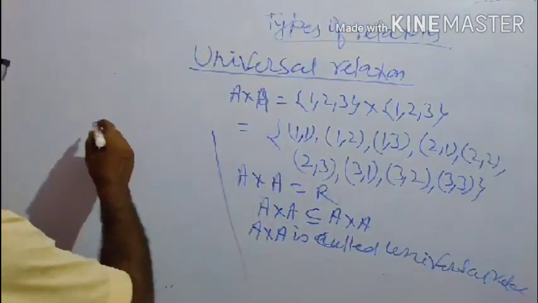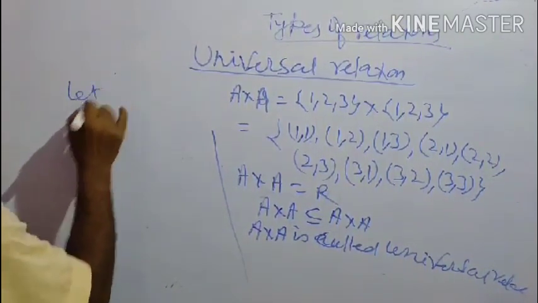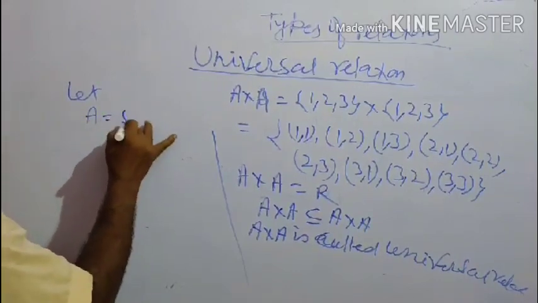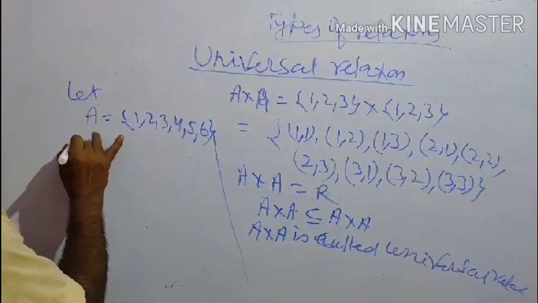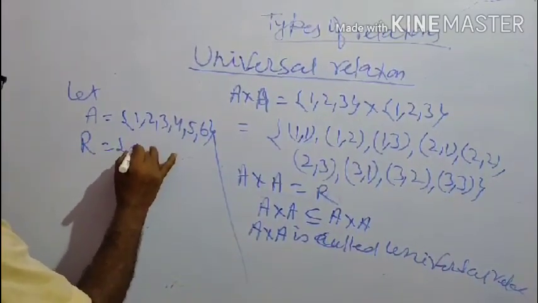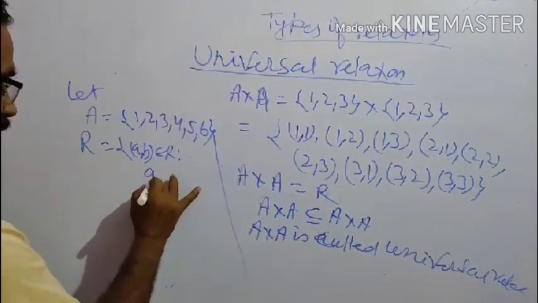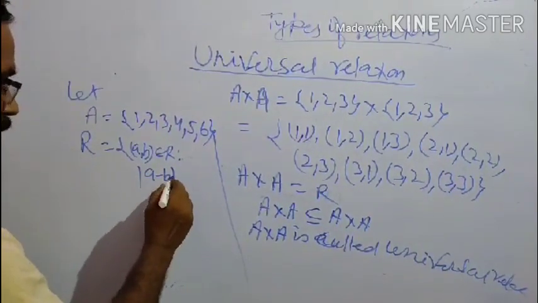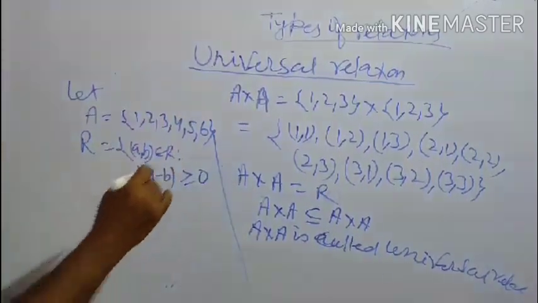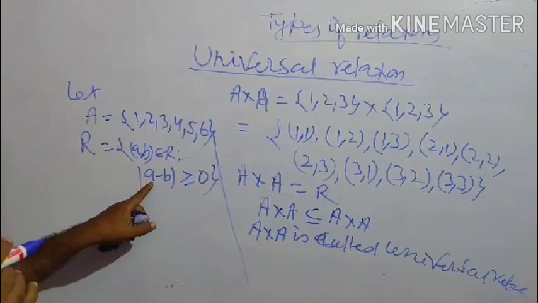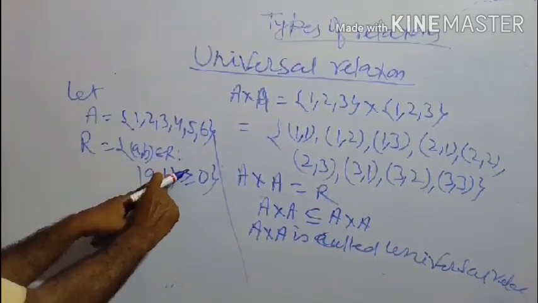And it can be understood that if we take A is equal to {1, 2, 3, 4, 5, 6} and the relation is such that (a, b) belongs to R such that modulus of a minus b is greater than 0. We take a is equal to 1 and b is equal to 2.